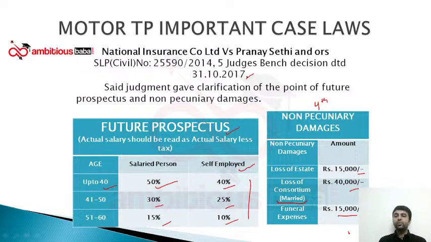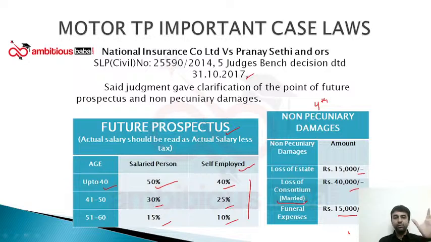Generally the questions in the exams will tell you to consider non-pecuniary expense of rupees 30,000 or rupees 70,000. Questions are generally framed in this manner, but suppose it is given to consider non-pecuniary damages and nothing else is given, then you have to check whether he is a bachelor or married.